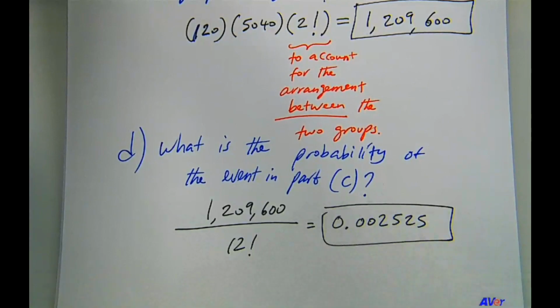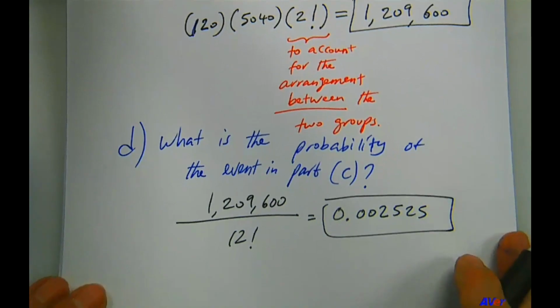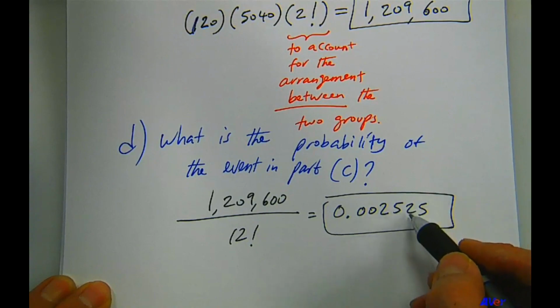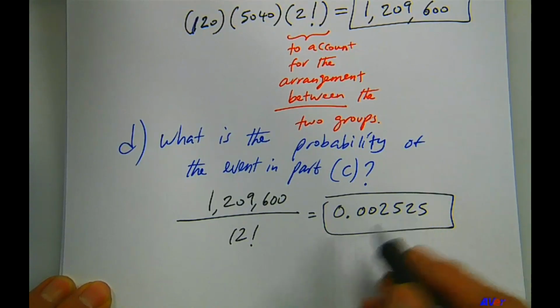So I carried this answer to 6 decimal places. If this question asked me to round my answer to 5 decimal places, this 2 would become 3, right?